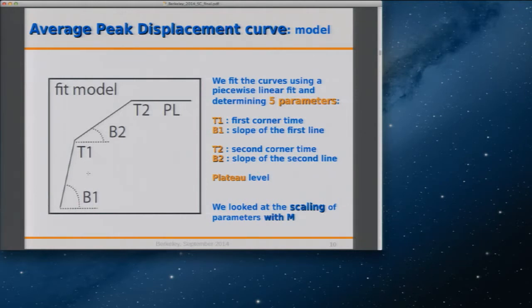Then we fit data with this model, and we estimated 5 parameters. The first corner time, T1, the second corner time, T2, the slope of the first line, the slope of the second line, and the final plateau level. And then we looked at the scaling of these parameters with magnitude to understand whether there are similarities or differences among the events.